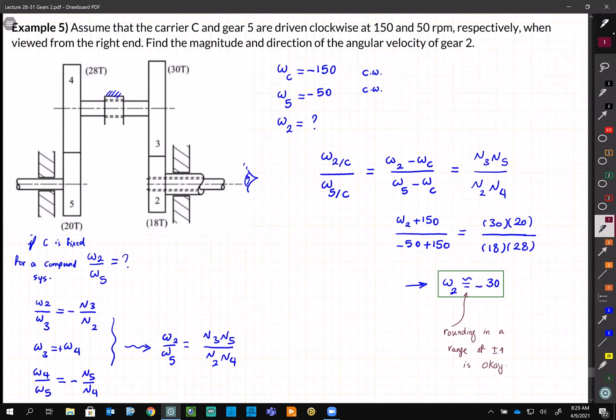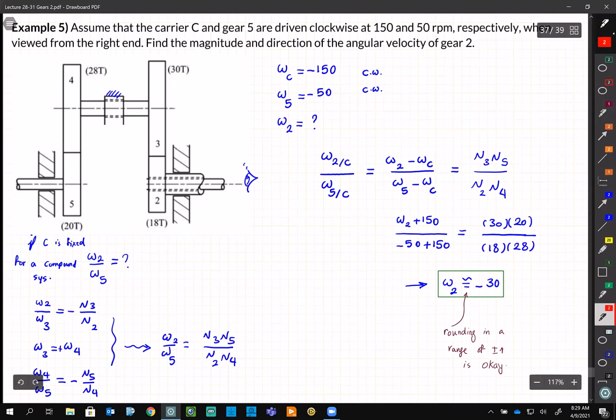And in your exam or in your future, it also asks for the direction. So if it is minus, it means it is clockwise. So when I'm looking, like my eyes are here, right? According to what the question said, the carrier is rotating clockwise.